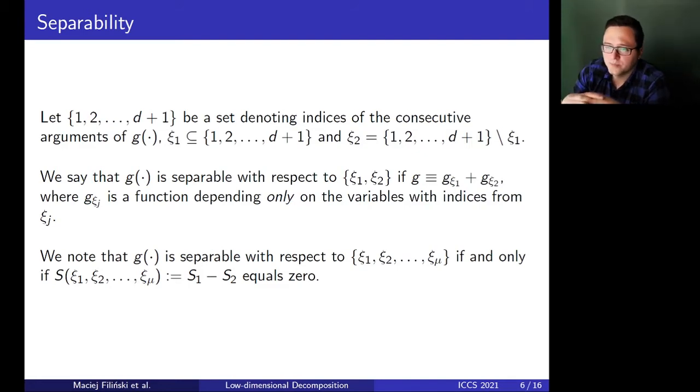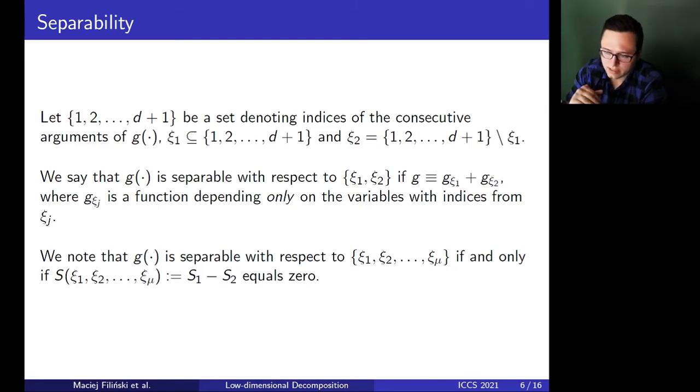Let's talk about the notation. First, Xi1 is a subset of the index set, and Xi2 is the complement of the set Xi1, and we say that g is separable with respect to Xi1 and Xi2 if we can split the function g into a sum of two functions, g Xi1 and g Xi2, where g Xi1 and g Xi2 are functions depending only on the variables with indices from Xi1 and Xi2 respectively.